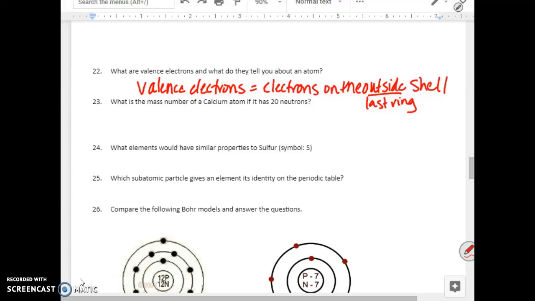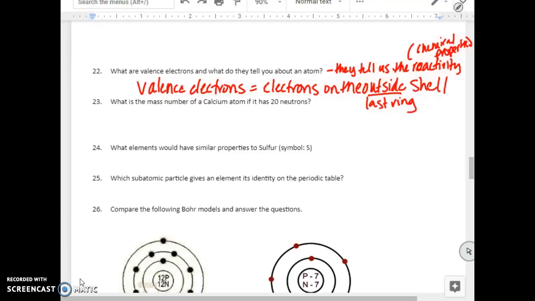And of course, they tell us the reactivity or the chemical properties of the atoms, of the elements.